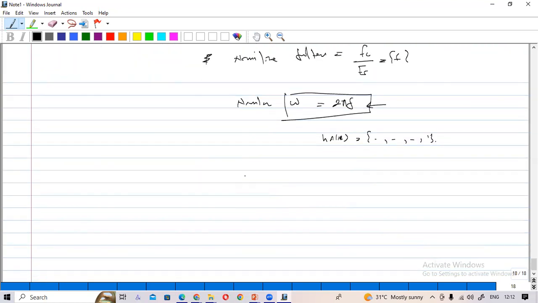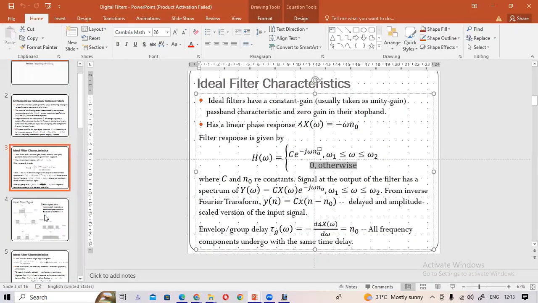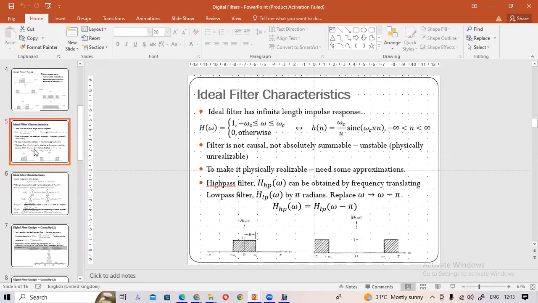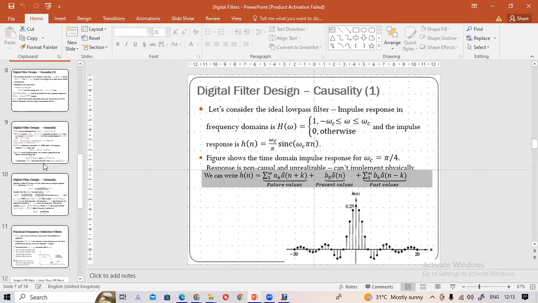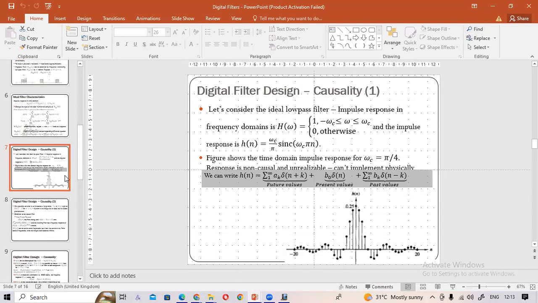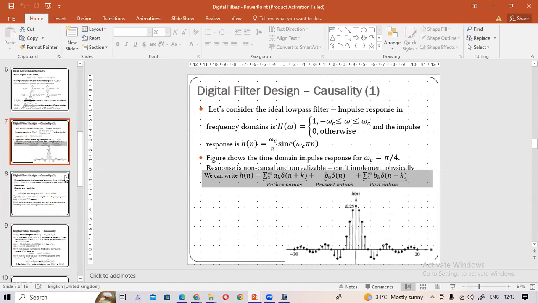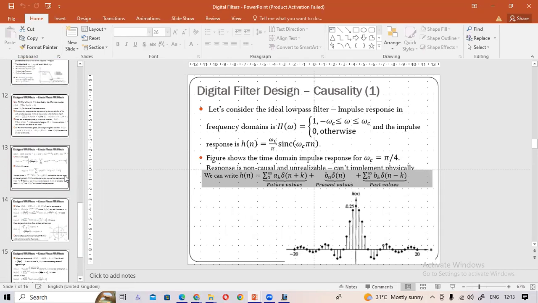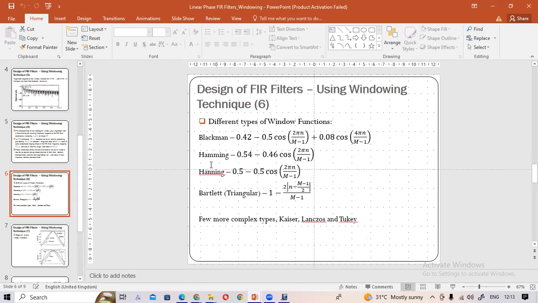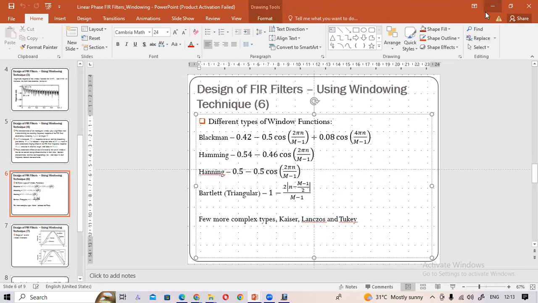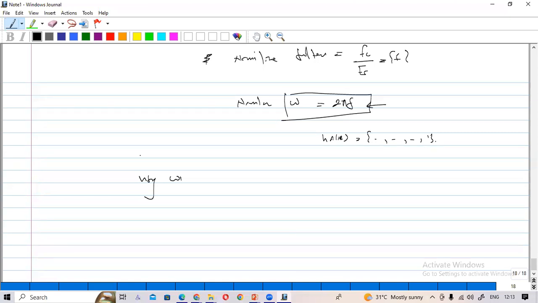Then if I ask you to design the same filter using another windowing technique, let's say the Hanning window, what is the desired response?